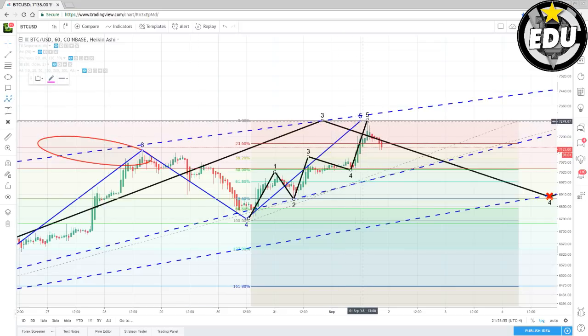An ABC, something like that, and then we can have another ABC to drop down to 4 and have a full Elliott wave.